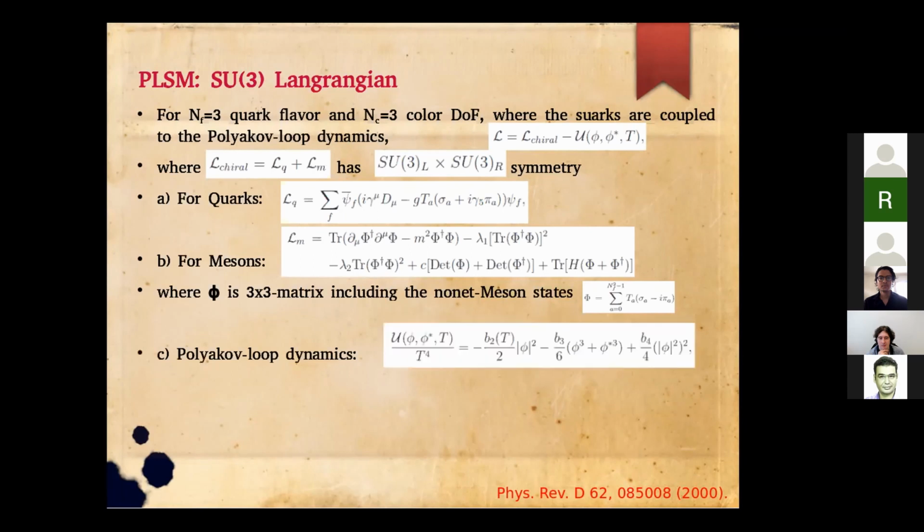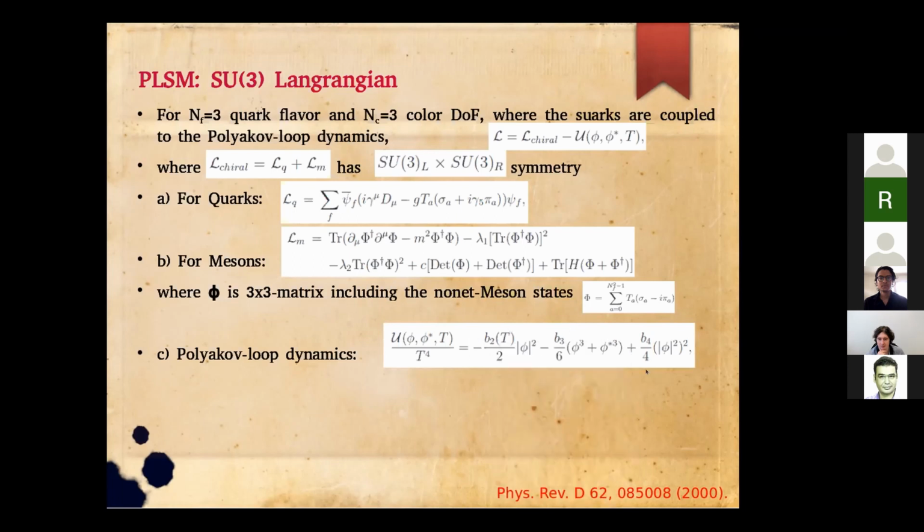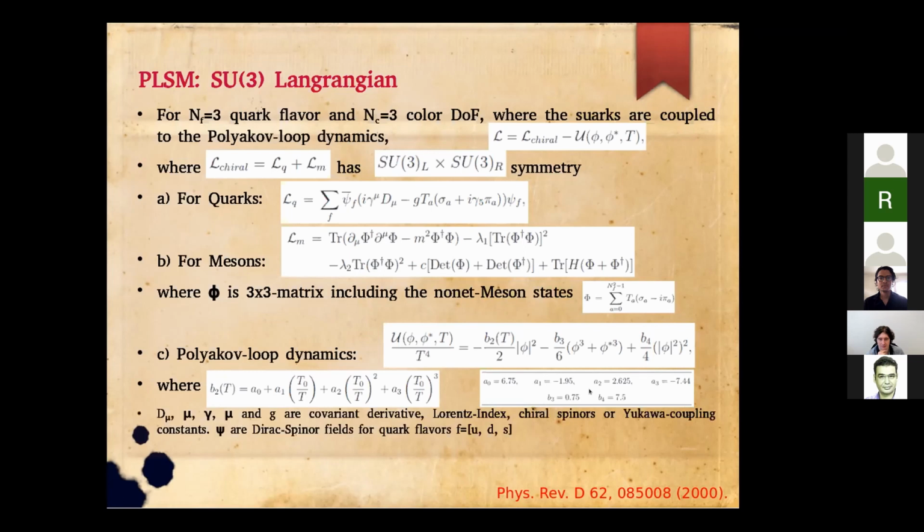The Polyakov loop dynamics, which appears here as part of the Lagrangian, could be modeled using recent or updated lattice calculations. For example, I'm showing one example here, where we have different parameters to be fixed using the lattice data. These are the suggested values of these parameters.